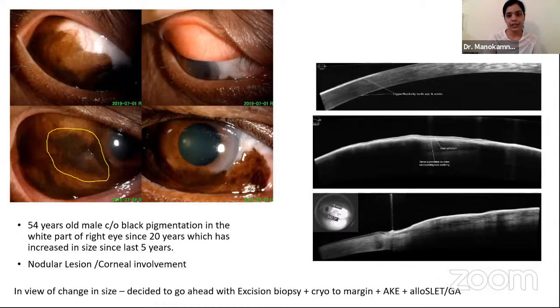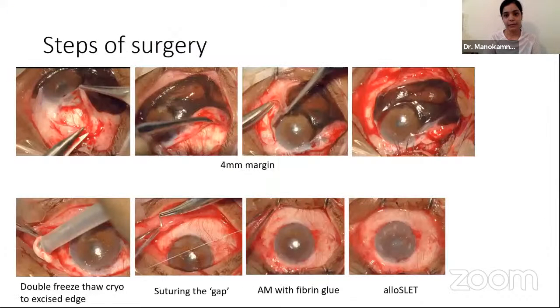In view of the change in size of the lesion, we decided to go ahead with excision biopsy along with cryo to the margins and alcohol epitheliectomy with or without allo-limbal transplant. Next slide, please. First, complete excision of the conjunctival pigmented lesion was done by blunt dissection, leaving a surrounding margin of 4 millimeters of healthy conjunctiva.